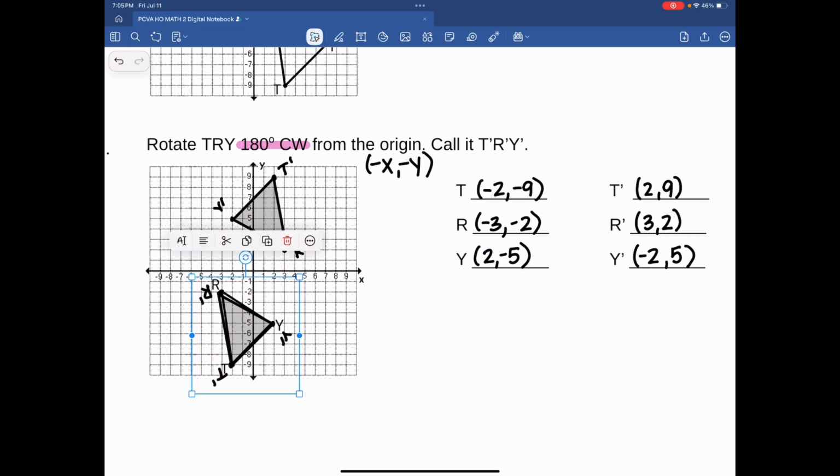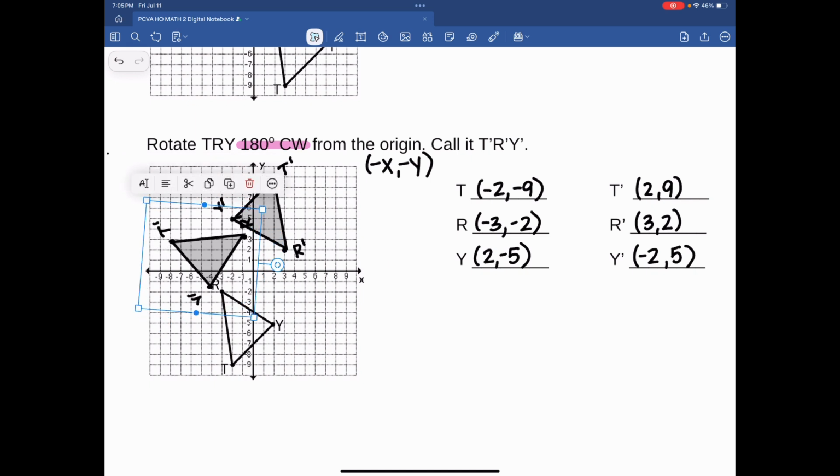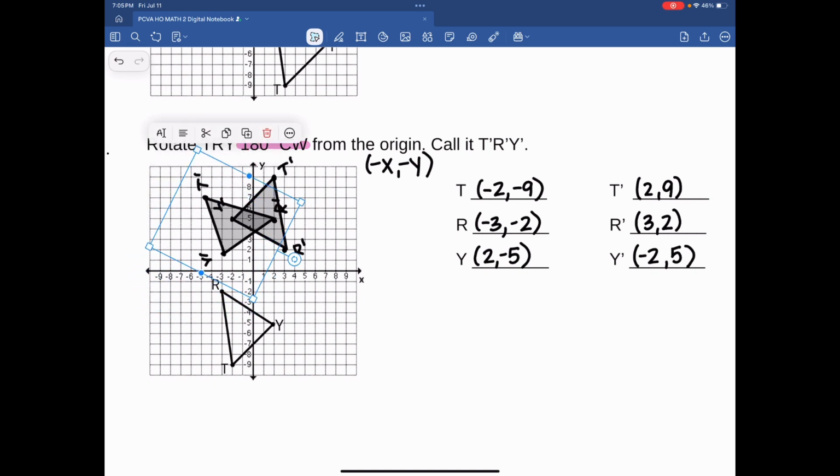All right, so if I rotate this, remember I'm rotating it 180 degrees and we're going clockwise. So clockwise is going to be in the regular position of a clock. So we're going to be rotating it around the origin, 180 degrees, and it lands it right where it should be. Okay.